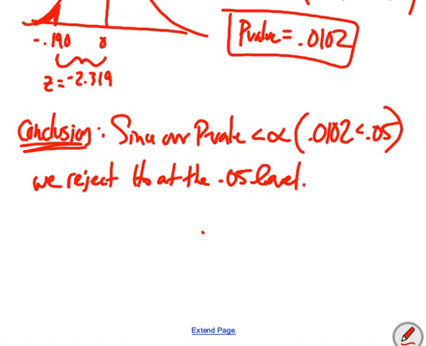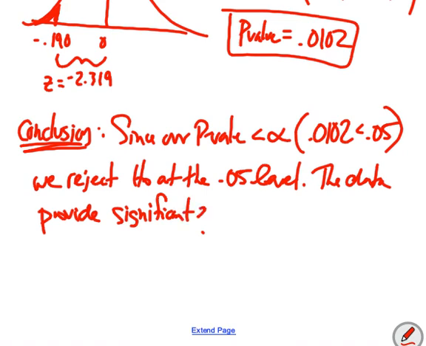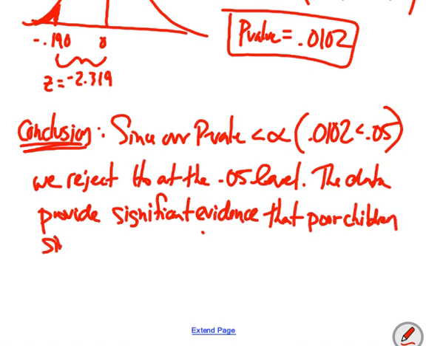And so we can do that here and say what the data provide significant evidence that poor children similar to these who attend preschool, again, making sure we're not putting in past tense there.